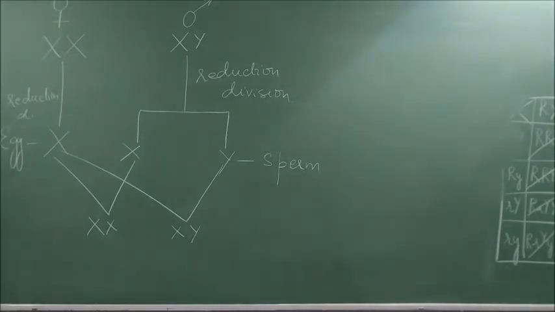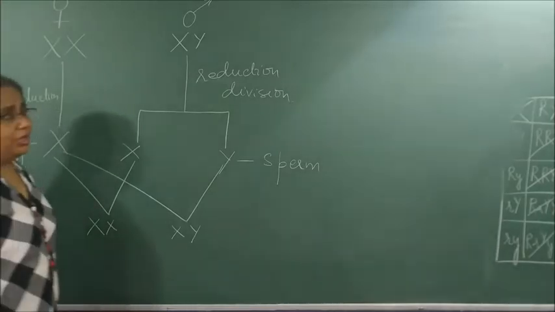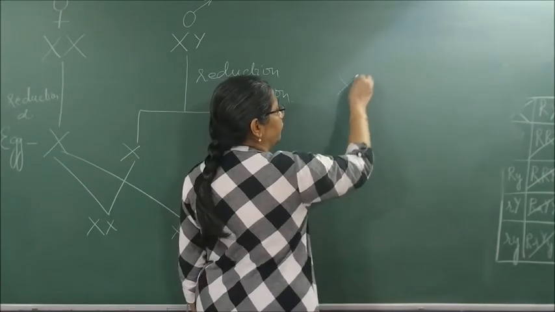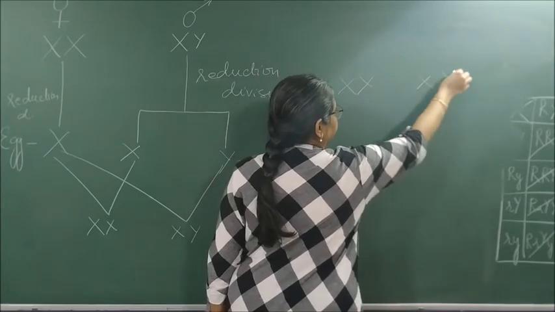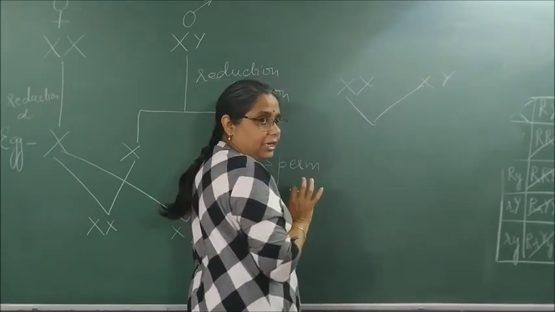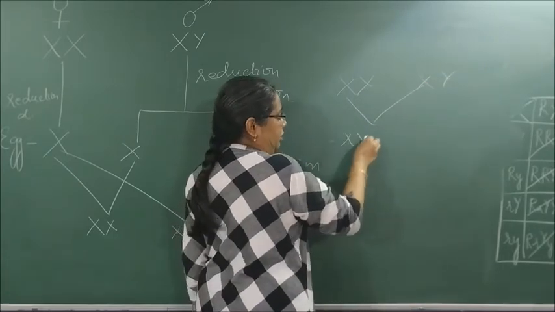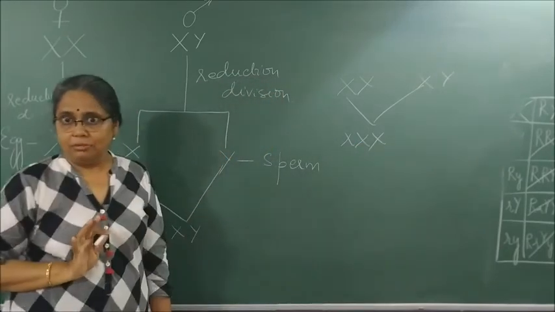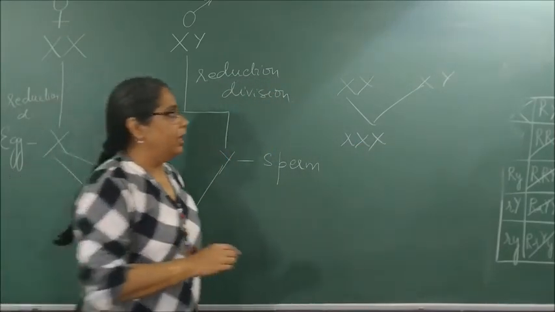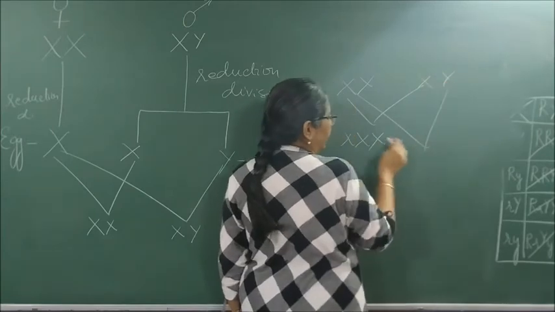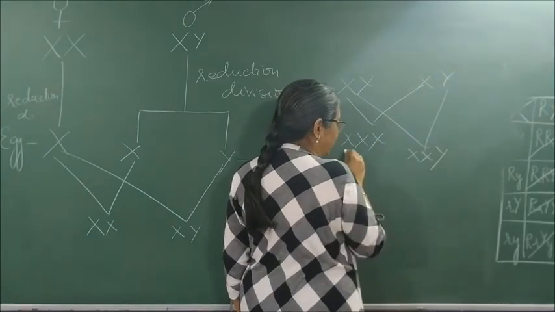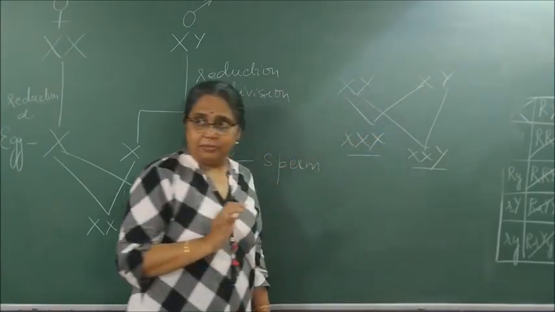But never start doing this. I have seen a lot of children doing this without the reduction division. Then it will become a mess here. Don't do that. I have seen a lot of them doing X, Y. It doesn't happen like that. There is no organism like this.